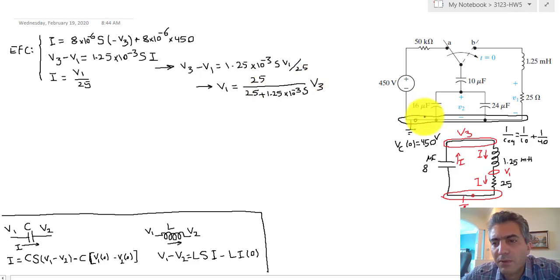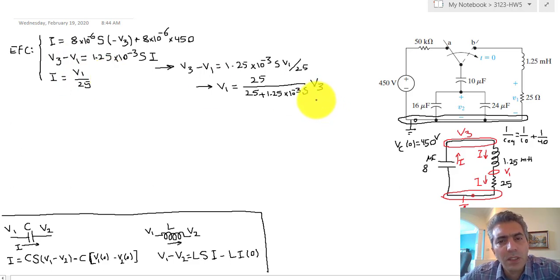This is basically a voltage divider equation between V1 and V3, considering that the impedance of the resistor is 25 and the impedance of the inductor is 1.25 times 10 to the minus 3 times S. So we could have actually written that equation directly knowing that, but it's a result of equating these 2 equations to each other.